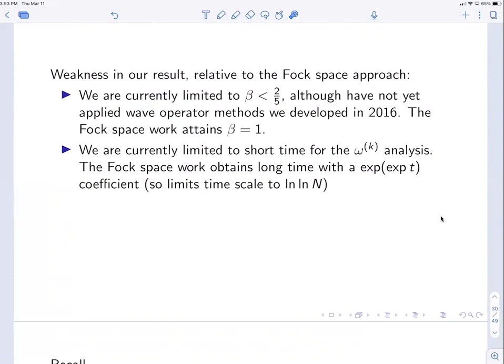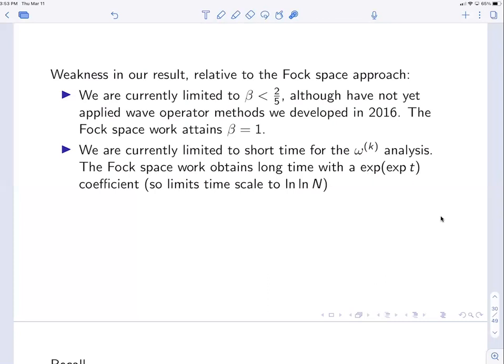We're currently limited to a short time, and I found this rather frustrating, that we couldn't go beyond N to the -2. And that comes from the hierarchy analysis, not from the nonlinear analysis. The nonlinear analysis is global in time. But the Fock space work does obtain a longer time. It allows you to prove a bound which is global in time, but has a coefficient e to the t.